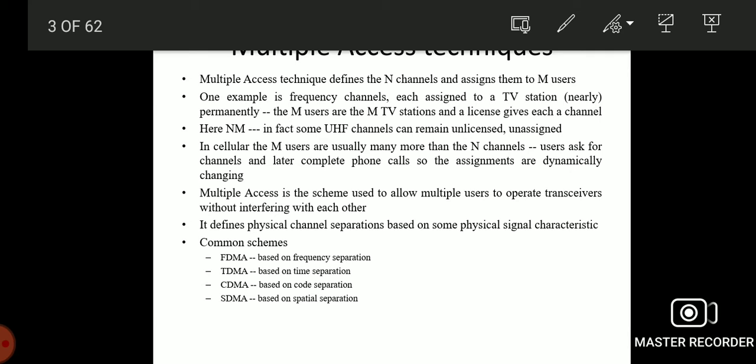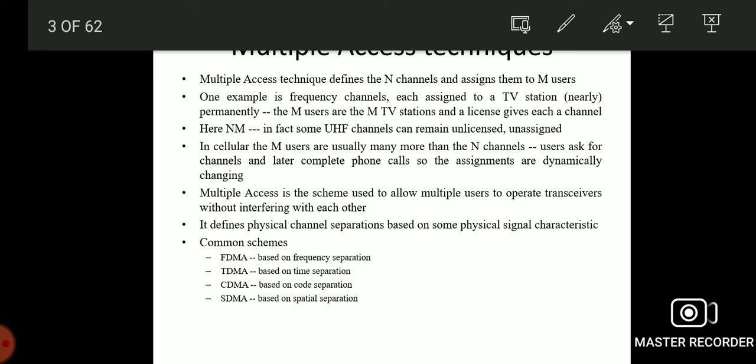And in the FDMA scheme, the channel is assigned. If the assigned channel is idle and other users cannot use it, there is a wastage of resources.